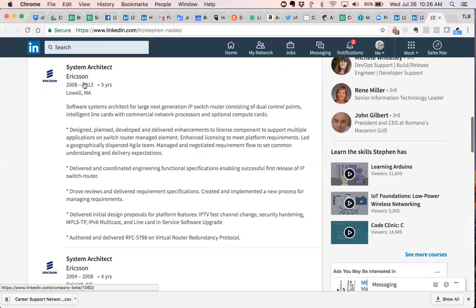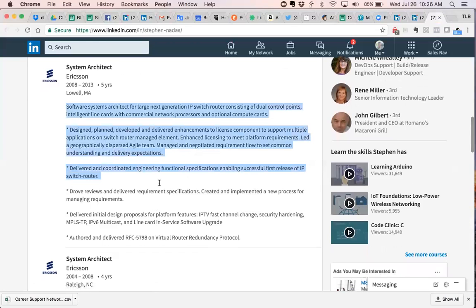So talk about what you did. You're, again, accomplished. It's good that you delivered and coordinated engineering functional specifications, enabling successful first release of IP switch router, that solved problems, that created value, that created revenue that the organization could take and deliver. That's a pretty impactful statement.